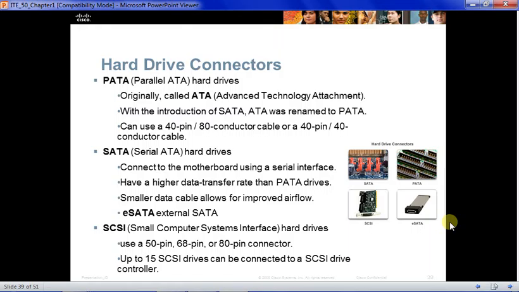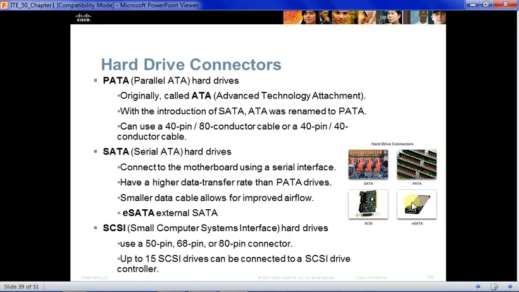And then we also have SATA for external usage, and that's called eSATA for external SATA. And you'll see over on the right here, we have some pictures of SATA, PATA, SCSI, and eSATA.